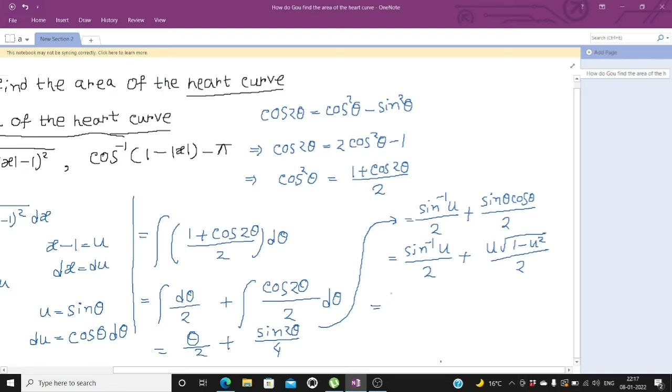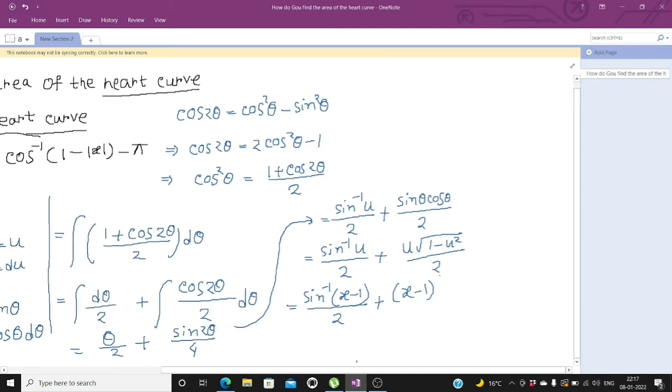Now in terms of x, it becomes sine inverse (x minus 1) divided by 2 plus (x minus 1) into root under 1 minus (x minus 1) whole square divided by 2, right?